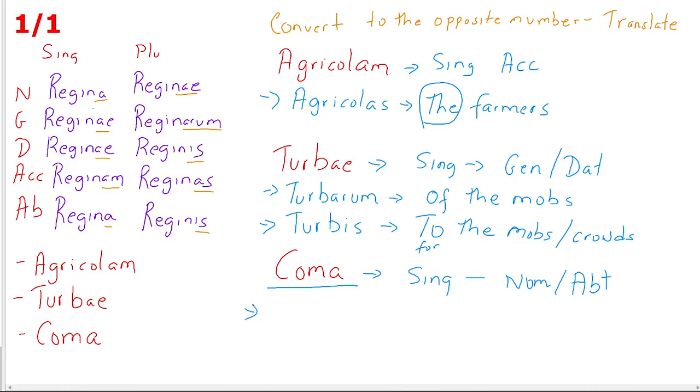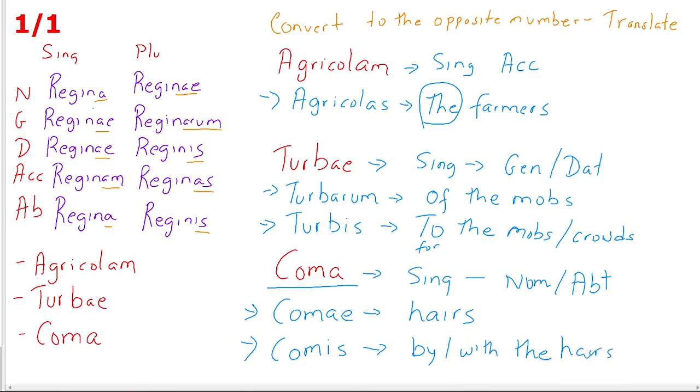So now when you translate into plural, what would be the plural nominative of coma? Comae. And what does coma mean? So comae would be hairs, and ablative comis would be by or with the hairs.